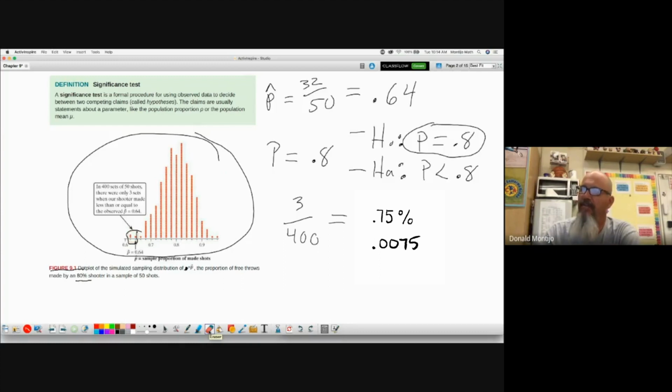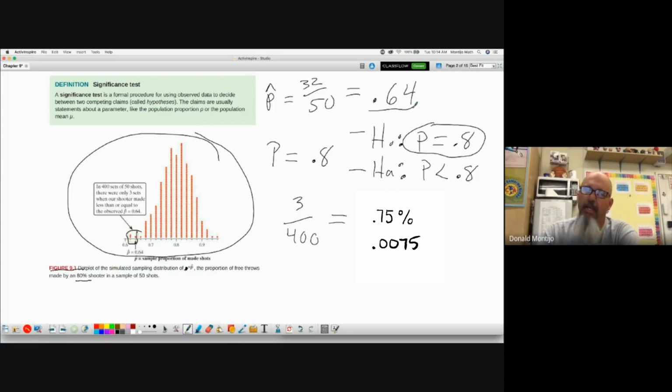So if he really is an 80% free throw shooter, the probability of him getting a score of 64% or fewer out of 50 shots would only happen about 7 out of every 1,000 times.